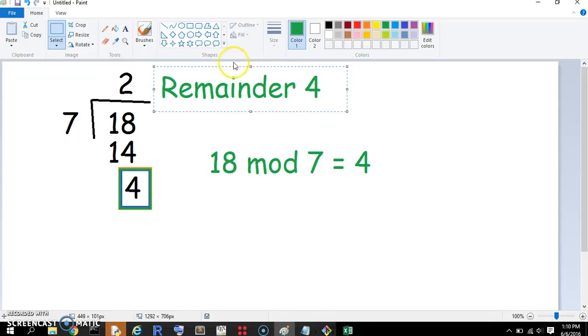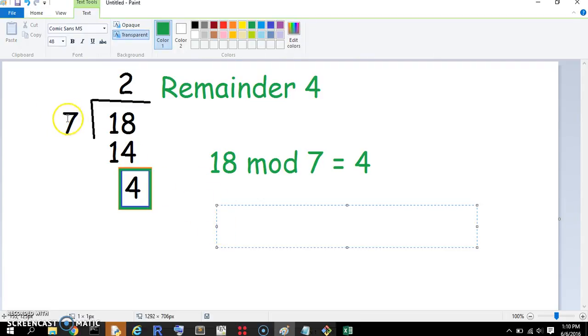Because of this, the modulus has only as many potential values as the number you divide by. For instance, for 7, there are 7 potential values for k mod 7. Those are 0, 1, 2, 3, 4, 5, and 6.